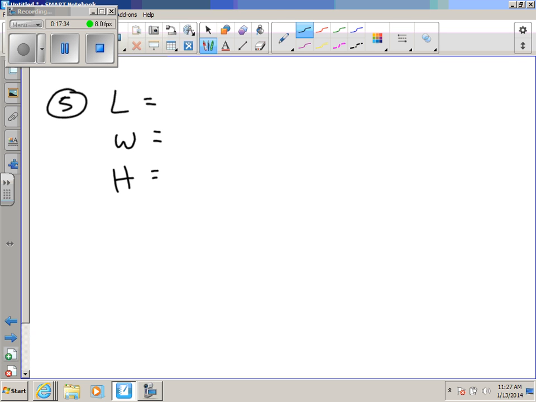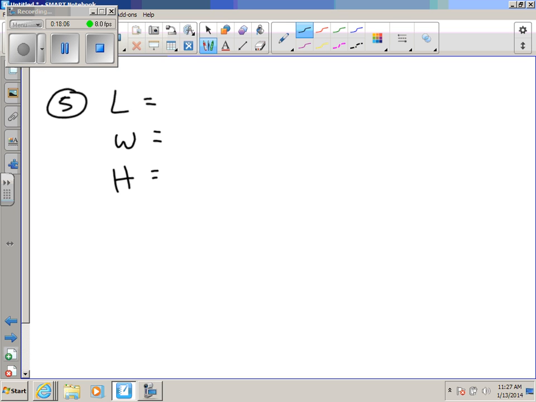Oh, S. Got it. What kind of a rectangular prism specifically would we call something like this? A what? Cube. A cube where all of the sides are made up of what shape? Are they rectangles? Squares. Therefore, there could be a shortcut to this.